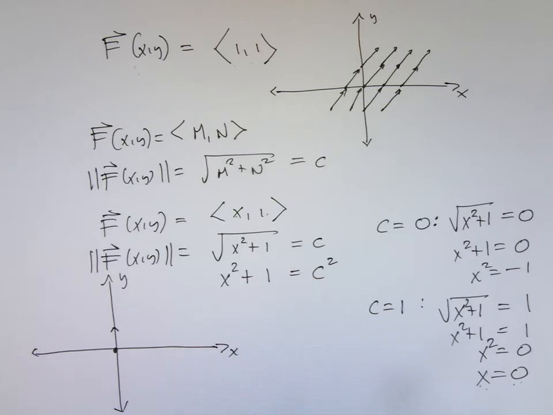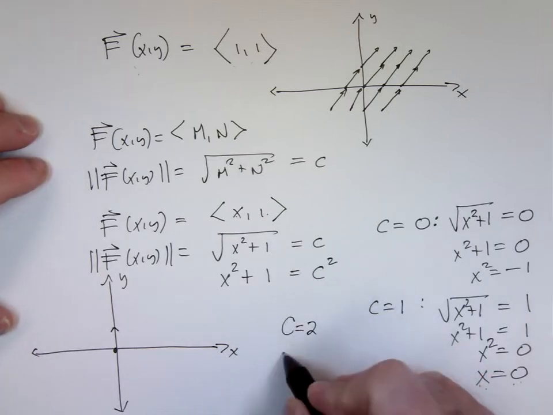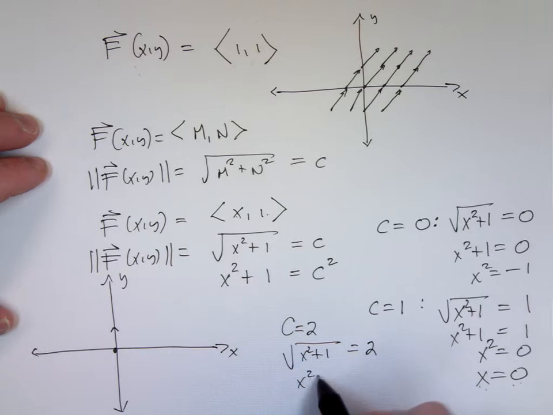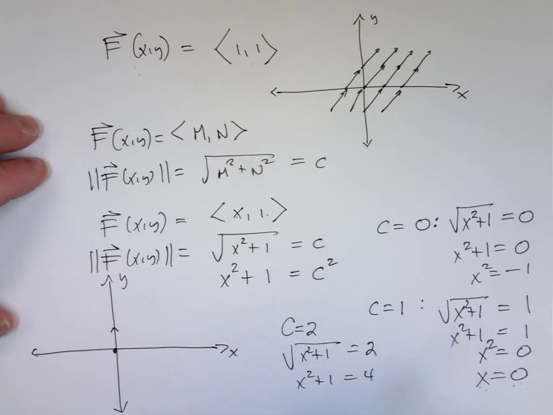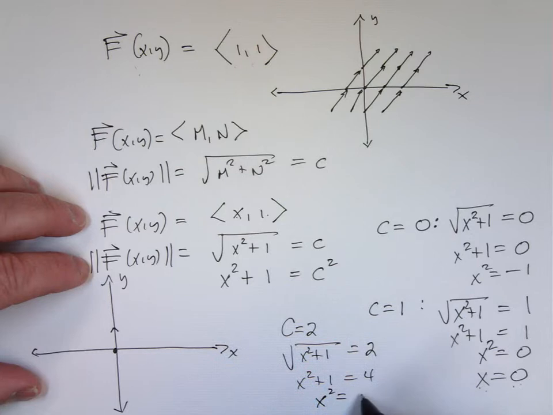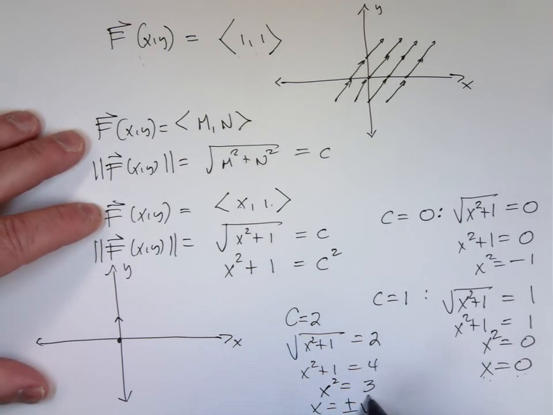What about all the vectors of length 2? This is really a stupid field. Let's square both sides. Okay, this is something else. Now we got somewhere. So x squared equals 3. So x is plus or minus the square root of 3.